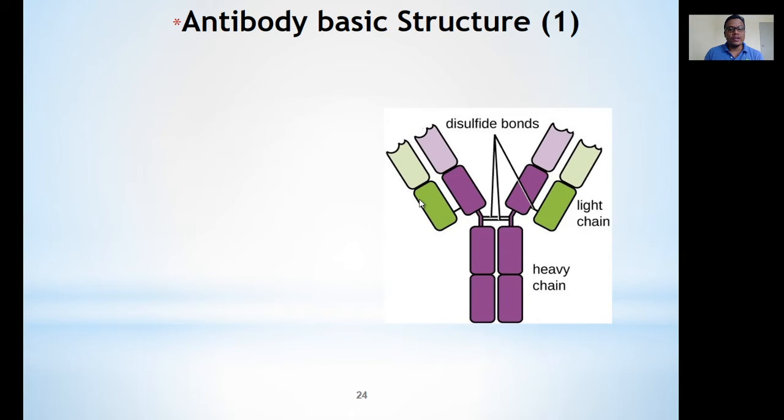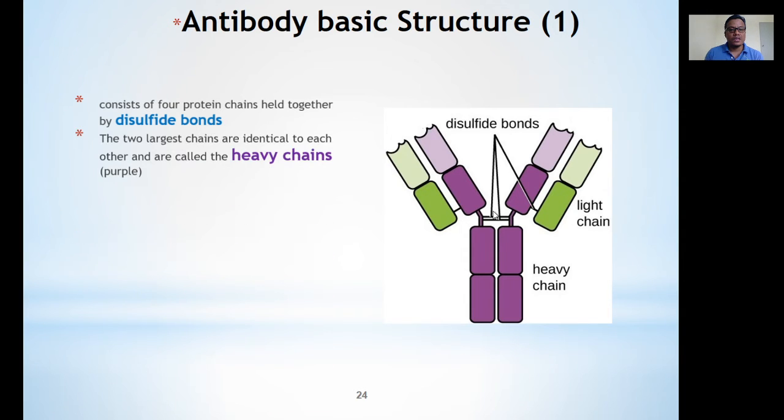Now we look at the antibody basic structure. Antibody consists of 4 protein chains held together by disulfide bonds, the bridging between the structures. The 2 largest chains are identical to each other and are called the heavy chains, the light purple area.